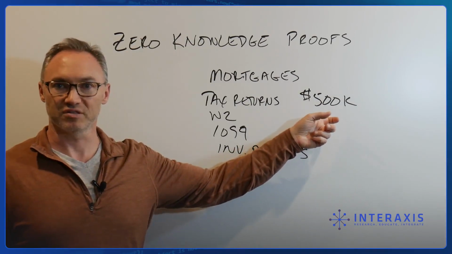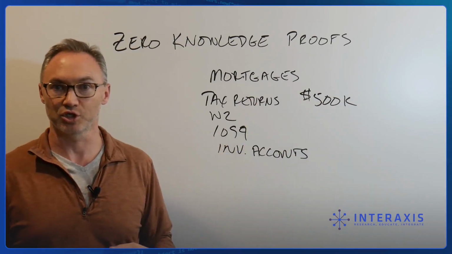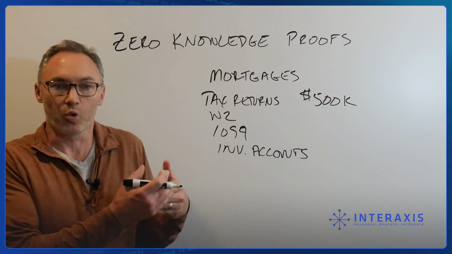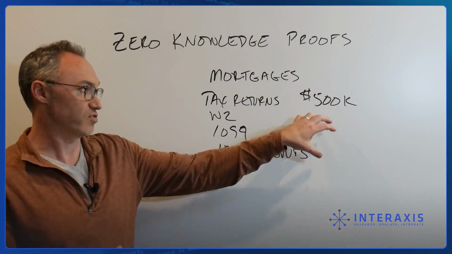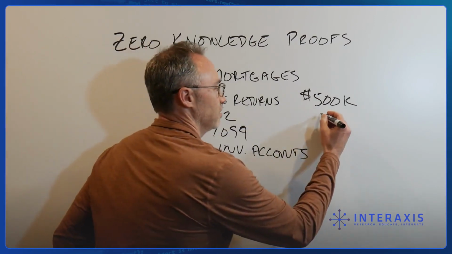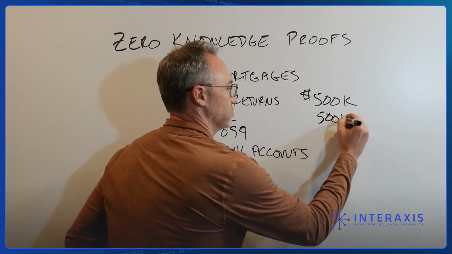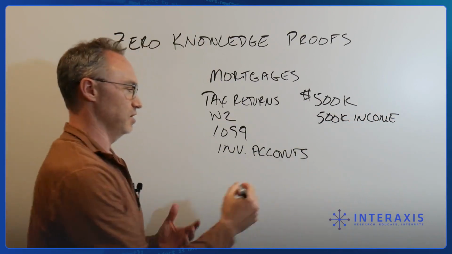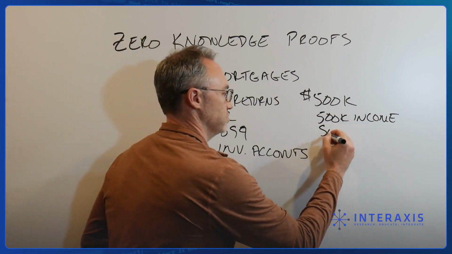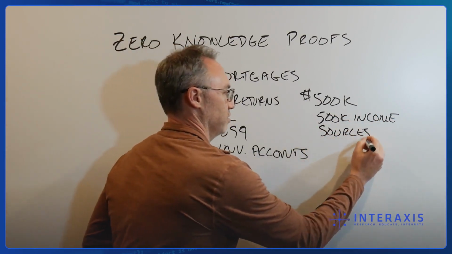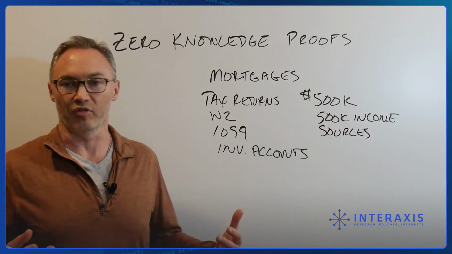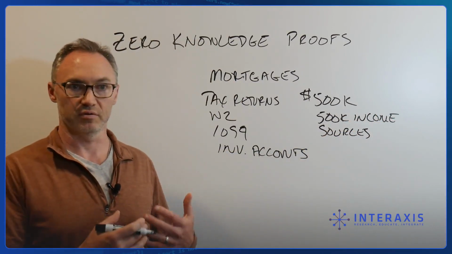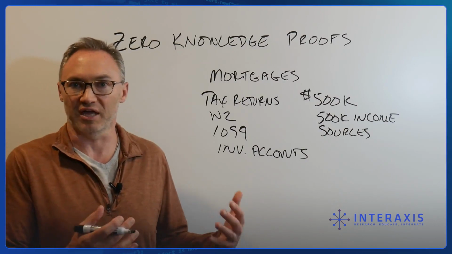All they need to do is essentially check some boxes and make sure that their requirements are met. So the requirement for this $500,000 house might be, let's say, $500,000 in verified income. It might be income from certain sources, right? It might not be that I can get all that from one windfall account or something like that.